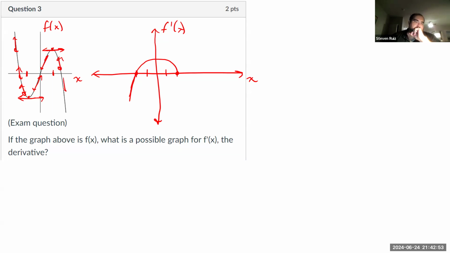Same thing. I believe all these tangent lines are going to be negative. So I believe I have a graph that looks like a concave down parabola that opens downward. It might not look exactly the same, but it's going to be parabolic. It's going to have zeros at these 2 points.